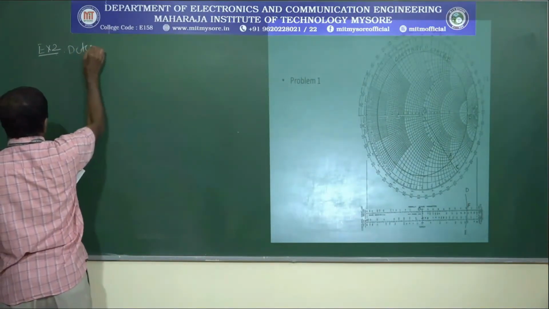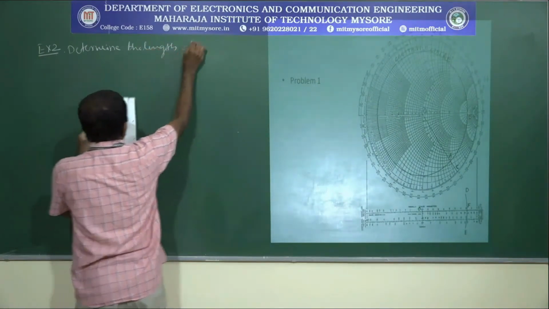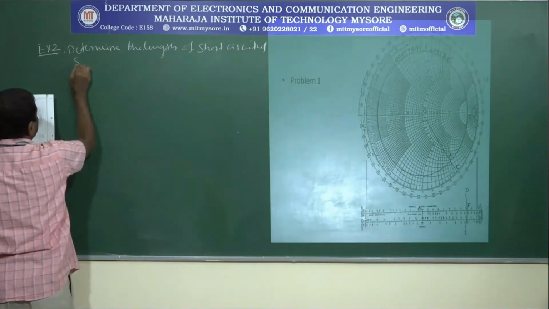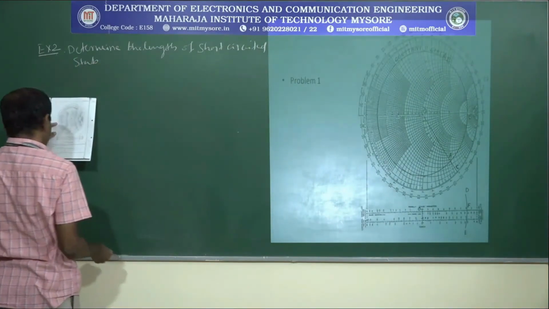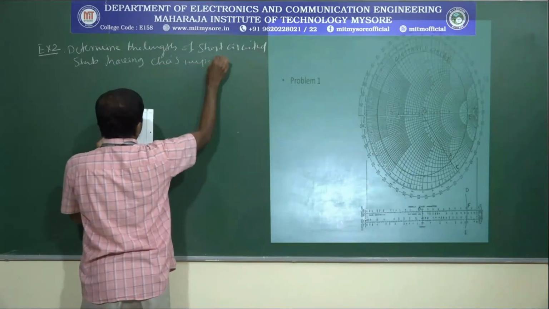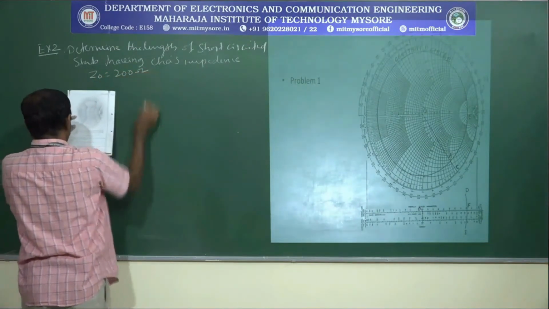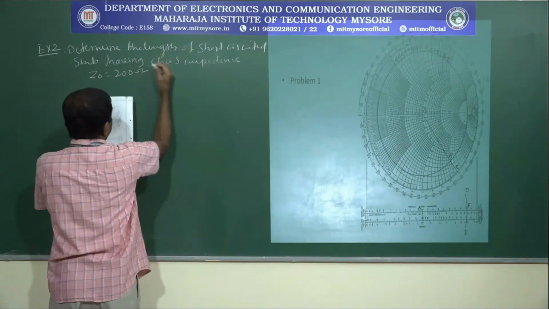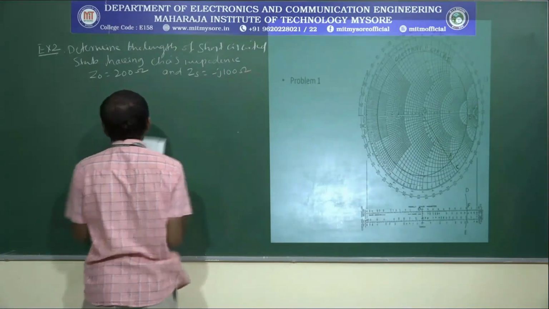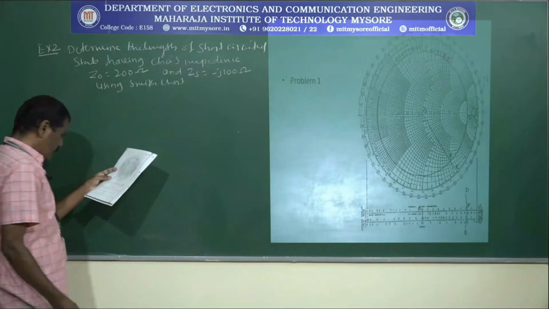Determine the length of a short circuited stub having characteristic impedance Z0 equal to 200 ohms and Zs equal to minus j 100 ohms using Smith chart.